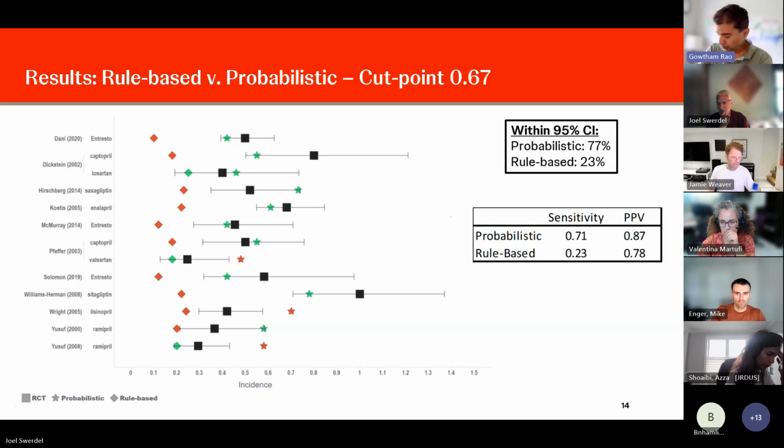Hey, Jamie. Yeah. So the x-axis incidence scale looks linear, so that's good. But what's the person years denominator or person time denominator? I'm looking at sitagliptin, it looks like it is the largest difference between the rule-based and the clinical trial. Is that a meaningful difference?